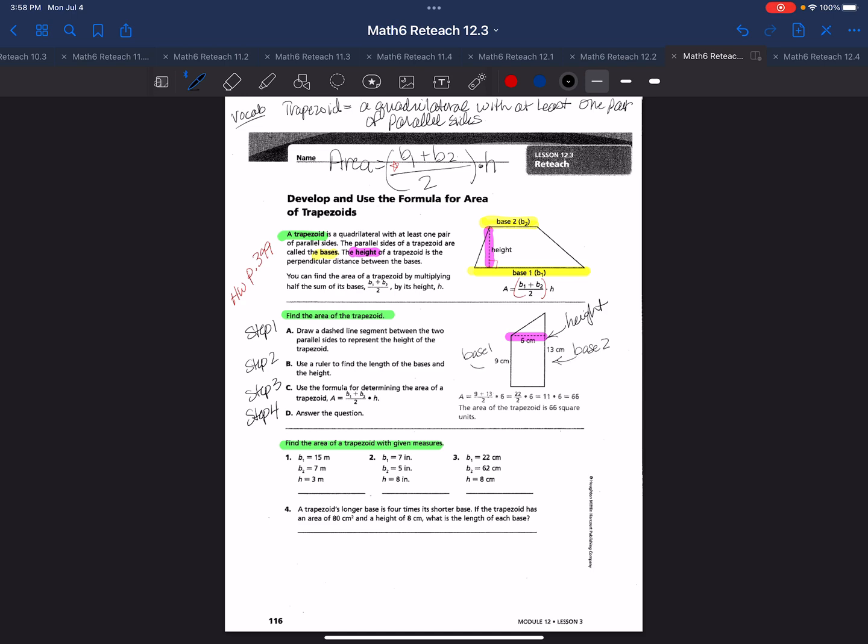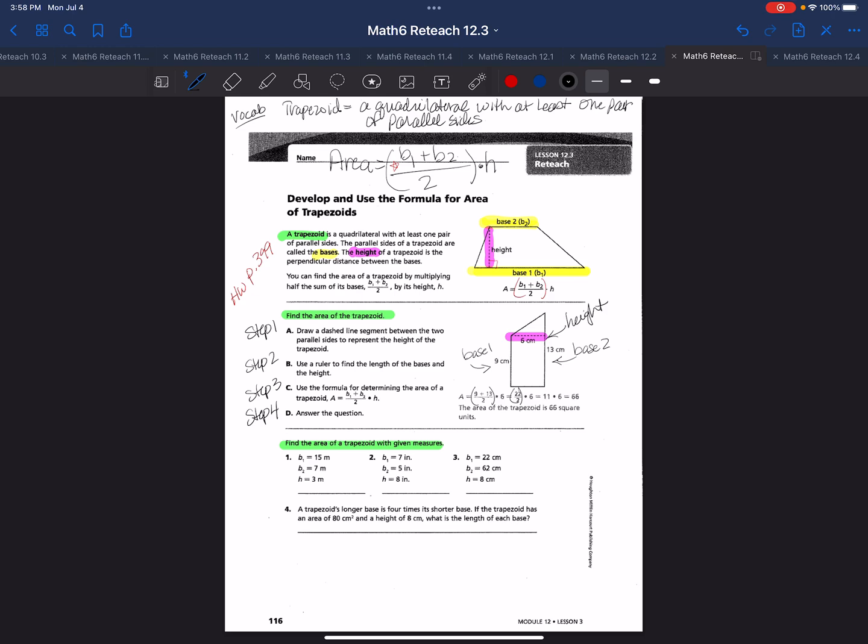Use the formula. Again, I'm going to put the grouping symbol. So we have 9 plus 3 divided by 2 times 6. 9 plus 3 is 12. So 12 divided by 2 times 6. 12 divided by 2 is 6, so 6 times 6 is 36. The area of the trapezoid is 36 square units.